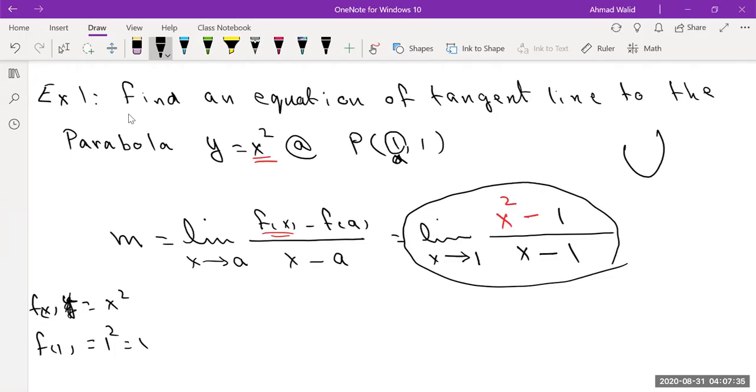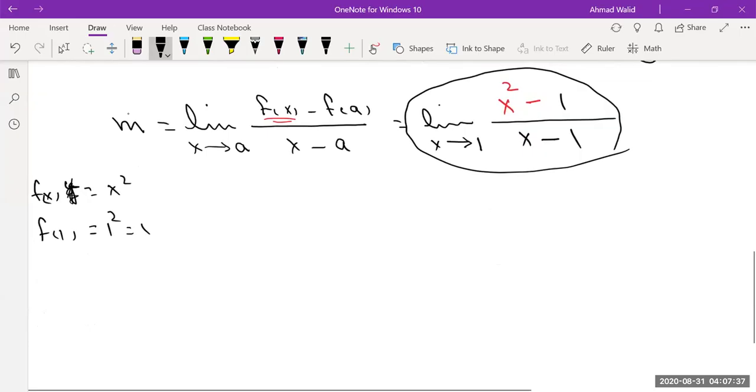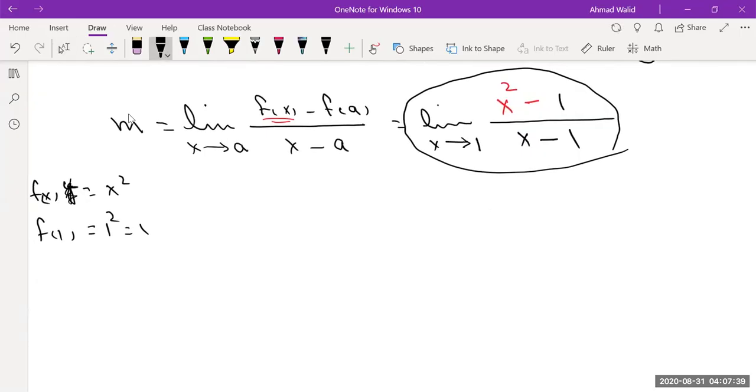Now you have a lot of practice with the limit laws, right? You see, you cannot directly substitute the value of x, because if you plug in the denominator 1 minus 1, it gives you 0, undefined. Then you have to use an algebra technique. What you can do, you can factor the top, then keep your limit as x approaches 1.